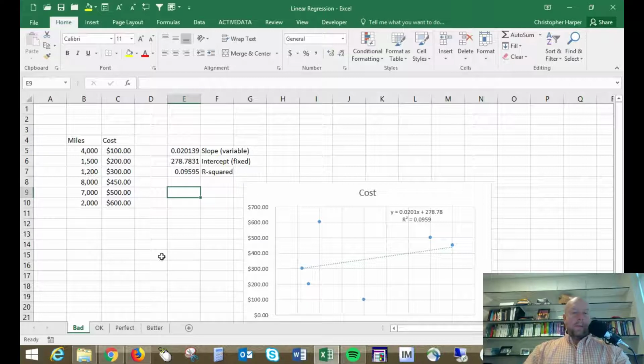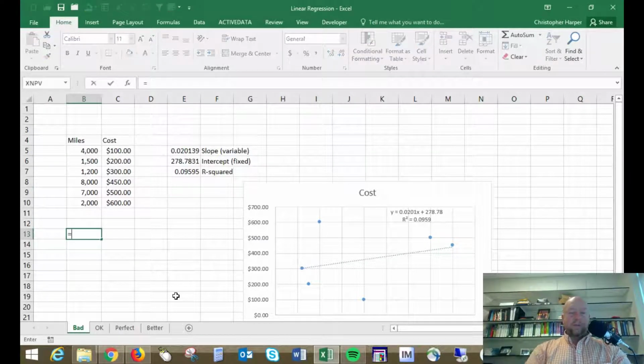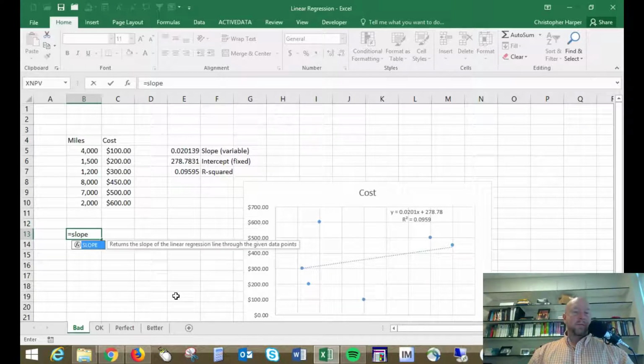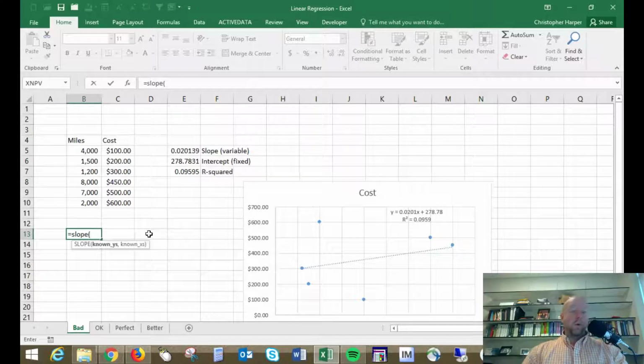Now, the syntax for each one of these is essentially the same. So if we want to say equals SLOPE, this is going to give us our variable cost. And you can see that Microsoft Excel is already suggesting what this function does: returns the slope of linear regression for these various data points. Open parentheses, known y's.